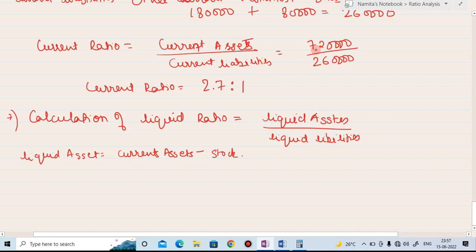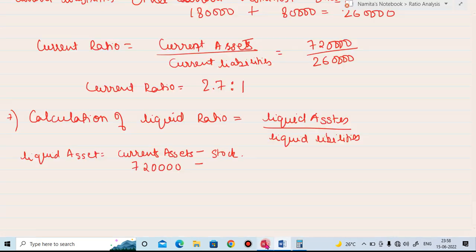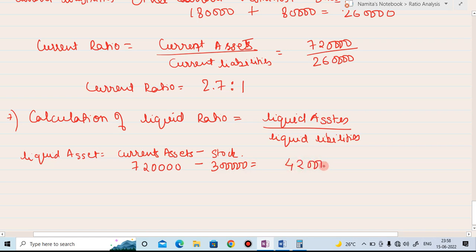Here we have already got the amount of current assets, that is 7,20,000 minus stock. Stock is 3 lakh rupees. Minus 3 lakh is equal to 4,20,000. So this is the liquid asset. Now next we have to find liquid liabilities.